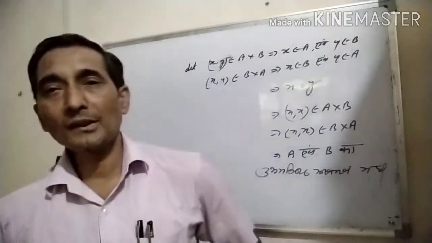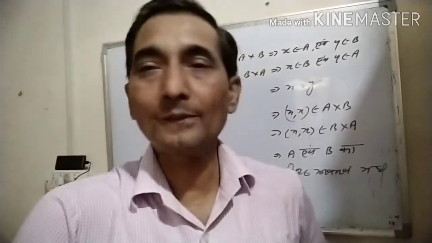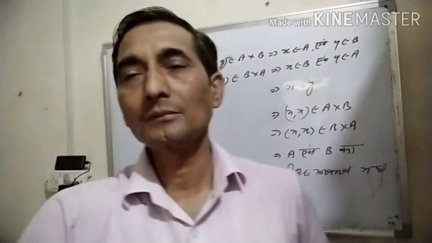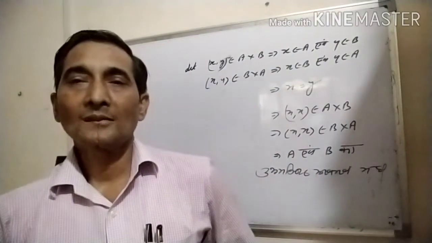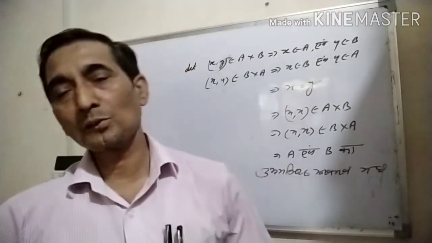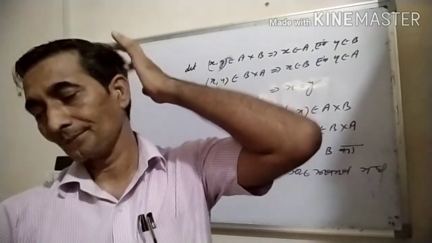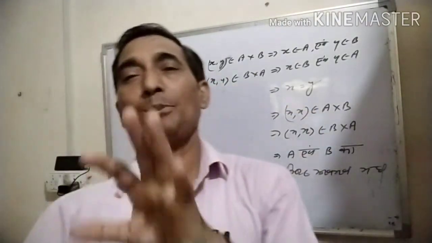Today I am going to explain the representation of linear equations on the graph. Previously I explained that when we solve a linear equation, there are three possibilities.